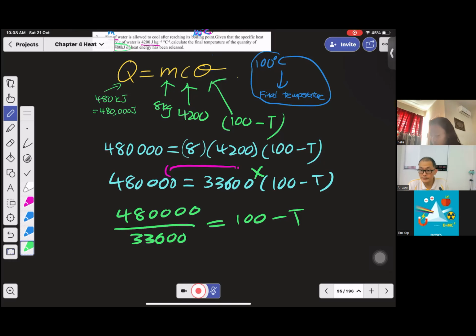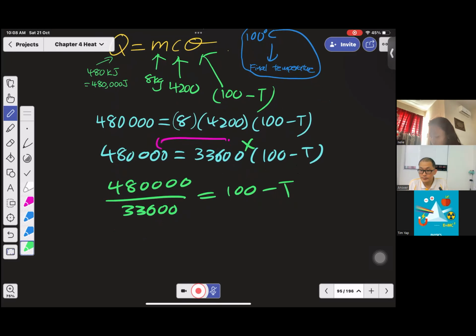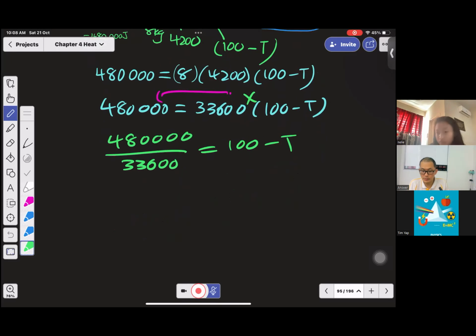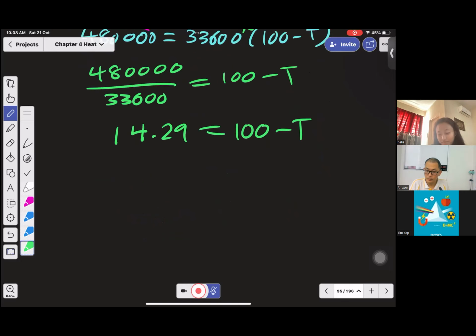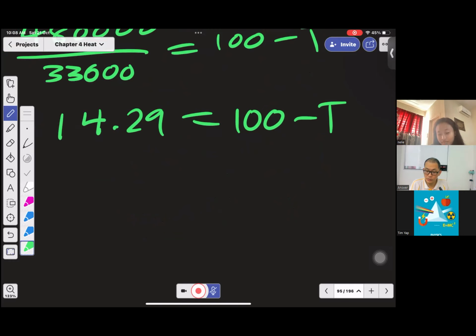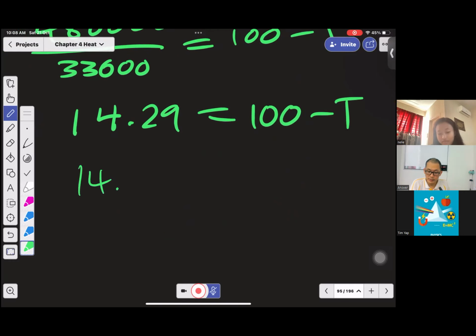All right. No, your working is wrong. This is like this. Let me see. Okay, 14.29 hundredths. To find T, you shift the T to the left. Negative becomes positive. Then you shift this to the right.